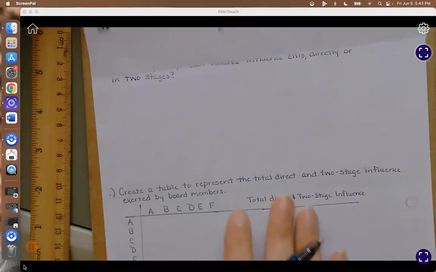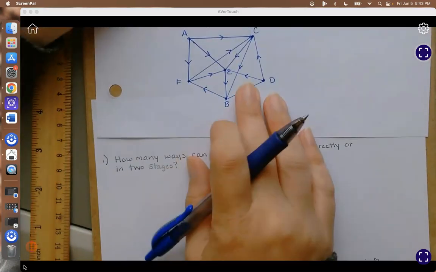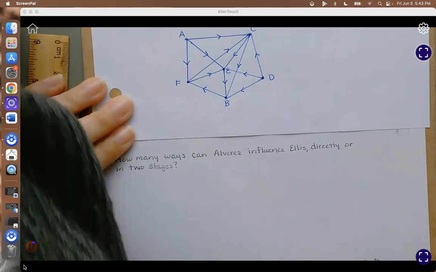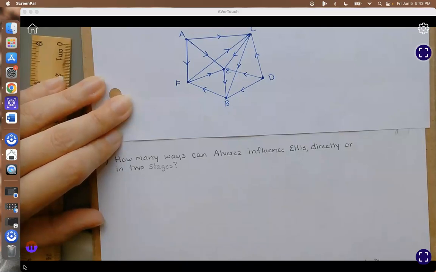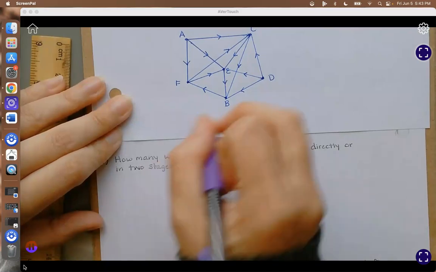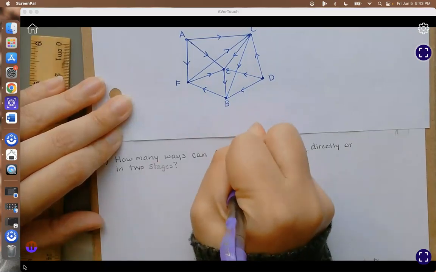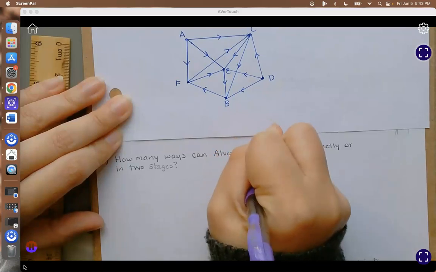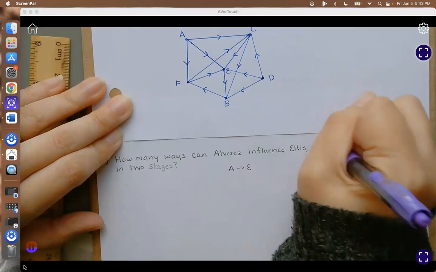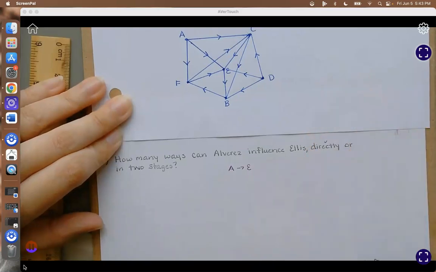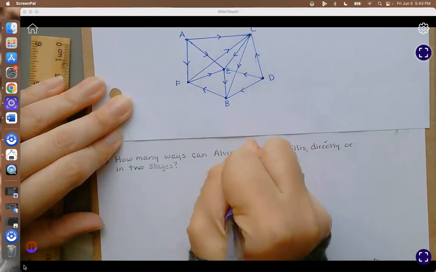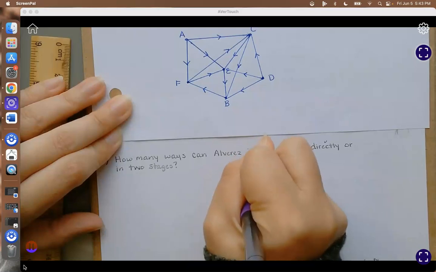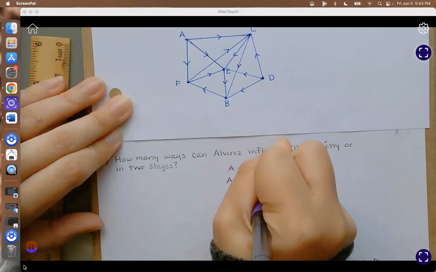So I have my original graph that I drew earlier before I met up with you guys. We need to get from Alvarez to Ellis in 2 steps, or directly. So we can do Alvarez straight to Ellis. That's the direct. I can go Alvarez to Cohen to Ellis.